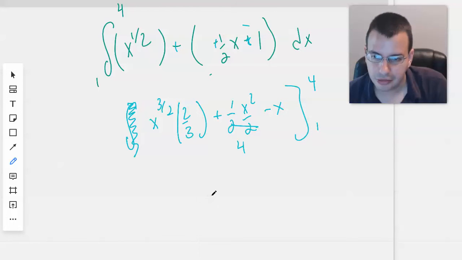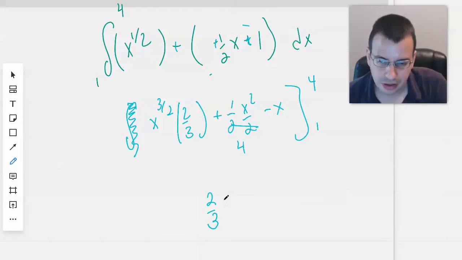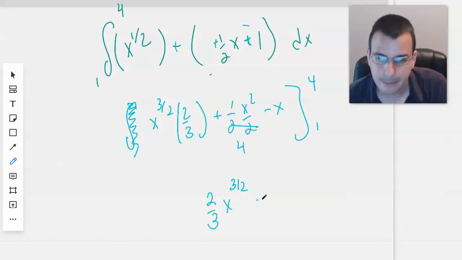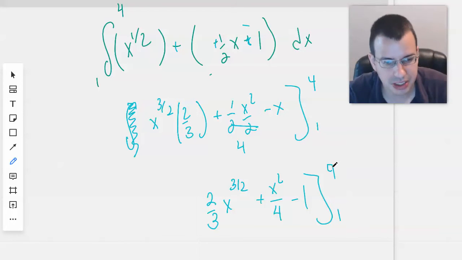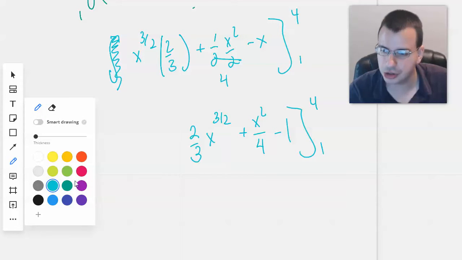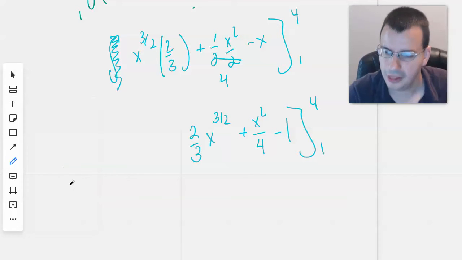Okay, so I'll rewrite this once just for clarity: 2/3 x to the 3/2 plus x squared over 4 minus x from 1 to 4. And then this becomes basically just an algebra problem, which we can do because we can do the 3/2 of 4 fairly easily.